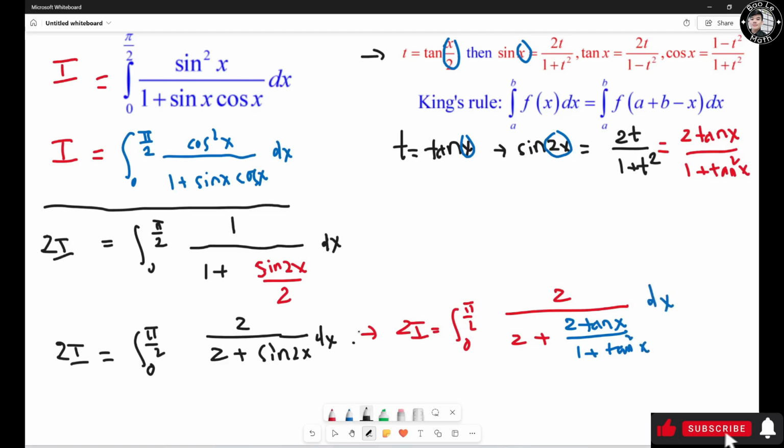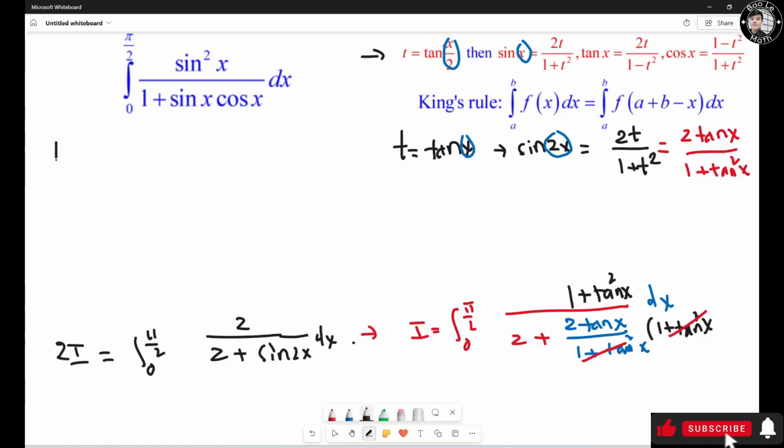First I need to divide both sides by 2, so this cancels out and this becomes 1. Next, I'm going to multiply the top and bottom by 1 plus tangent squared of s. So this is 1 plus tangent squared of s, and this is 1 plus tangent squared of s, so this and this cancel out.